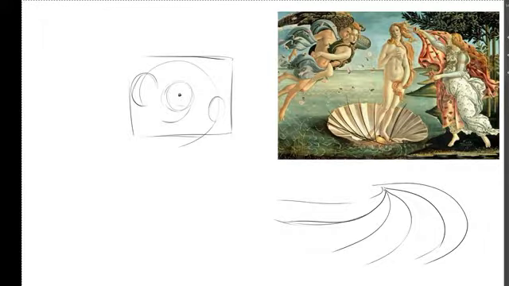Now, a thing to notice too about this central axis, look at the curves that have been built into this picture. You start out with kind of simple curves. Each one of these is a simple curve. However, if you put them all together, it becomes a really complex curve, right?